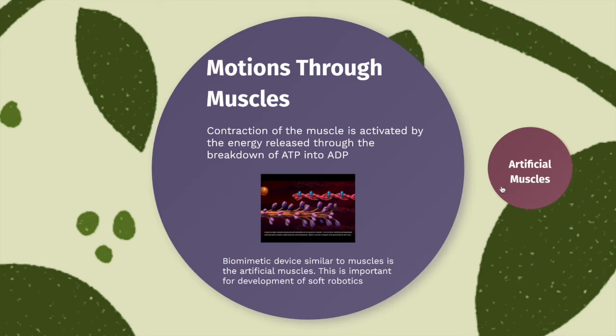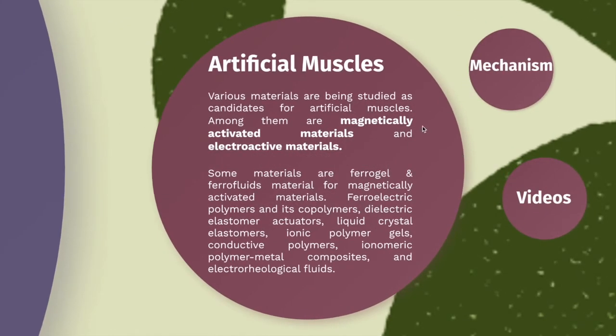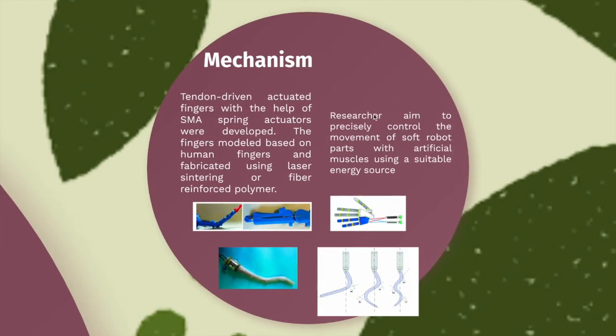So let's see these artificial muscles. There are various materials for artificial muscles. One of them is magnetically activated materials or electroactive materials. You can see these are just examples. I will go through the mechanism.